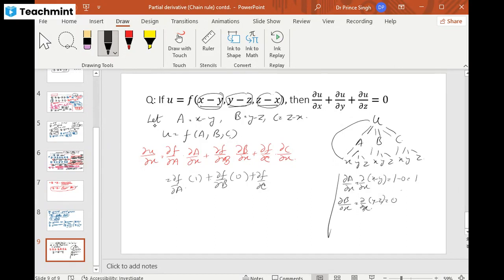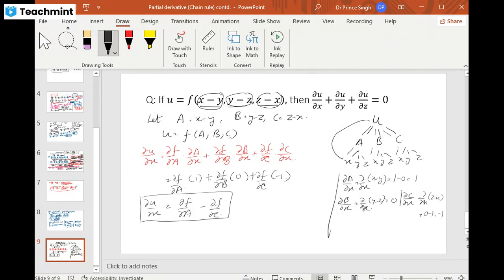But the derivative of c with respect to x, that means ∂/∂x of (z minus x), is minus 1, because if I differentiate with respect to x, then z is treated as constant. So its value comes out to be ∂f/∂a minus ∂f/∂c. This is the value of ∂u/∂x.